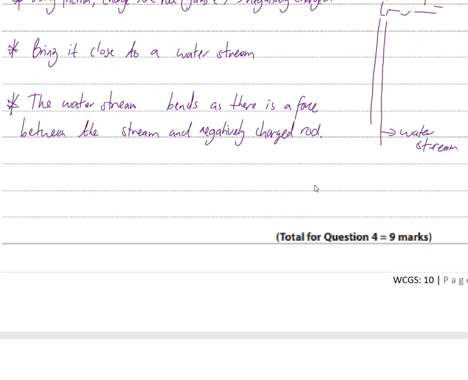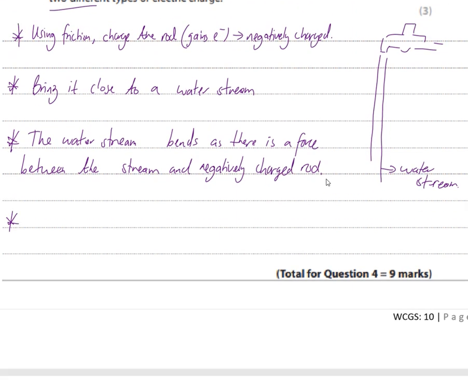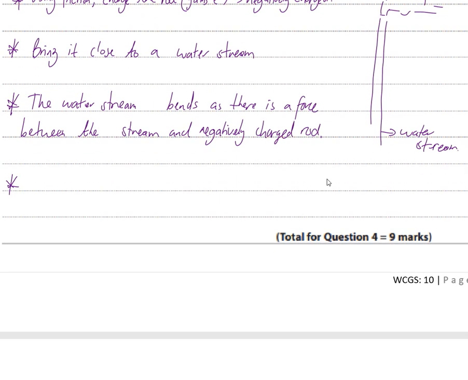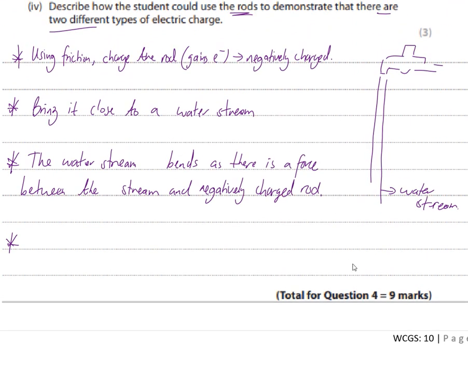So there's a force between them. And then we can go into much more detail. Now, what's going to happen in the rod? The negative charge will repel the negative charge in the rod, and so this side will be left positive, and this side will bend towards the water.